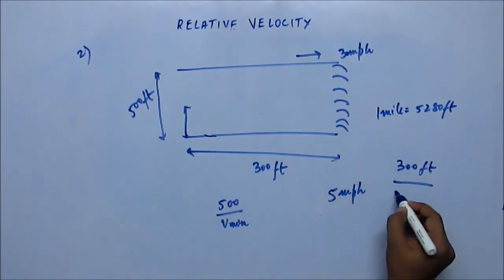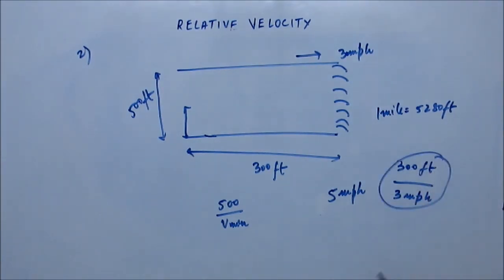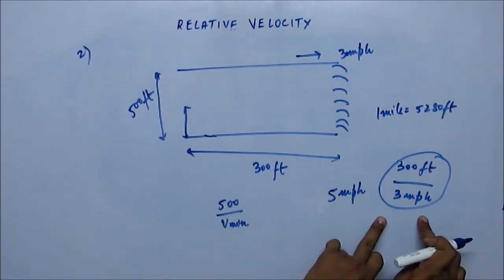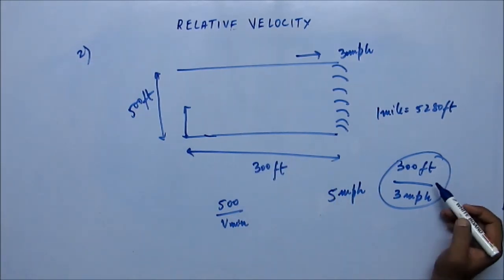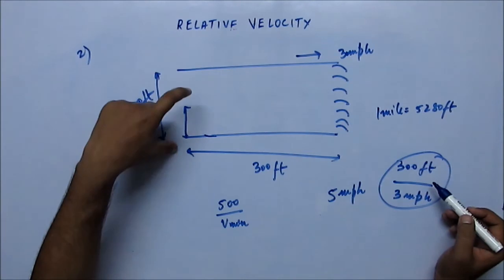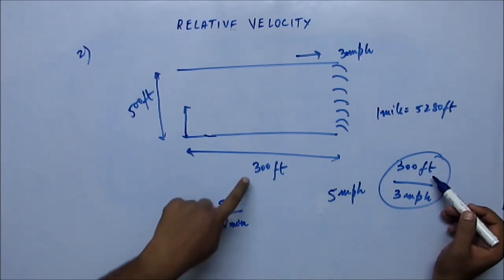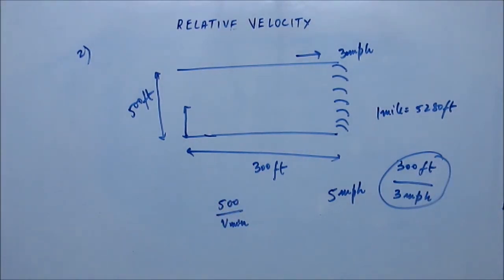The speed is given as 3 miles per hour. So this is the time. If you don't cross to the other side within this stipulated time, then you're going to fall in the waterfall. So considering the critical situation, you just cross the river in this amount of time, 300 feet upon 3 miles per hour. So this is the time taken to go to the other side.